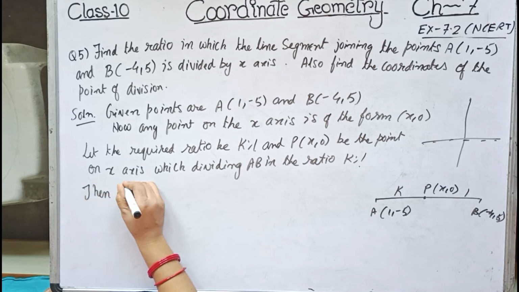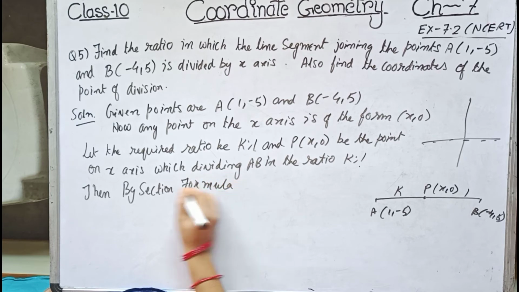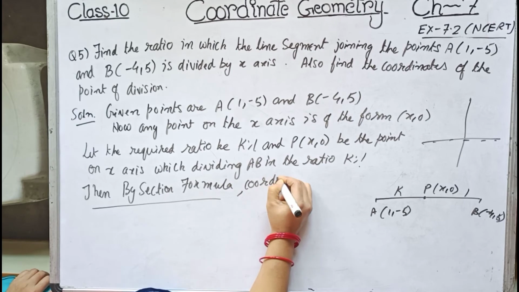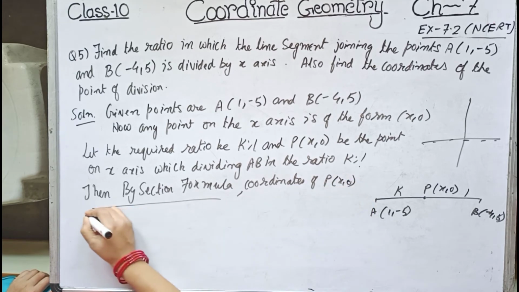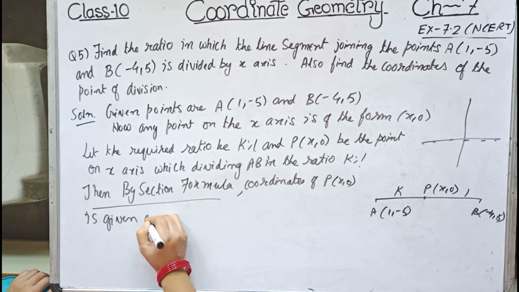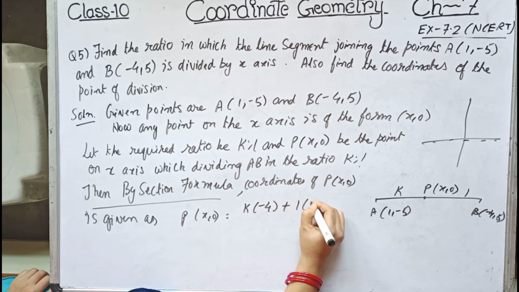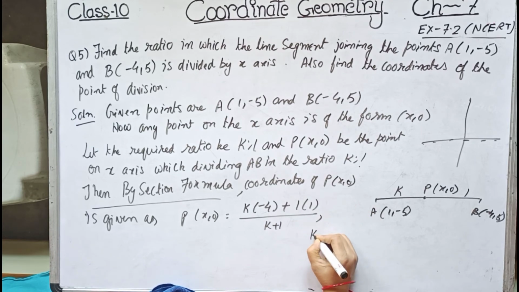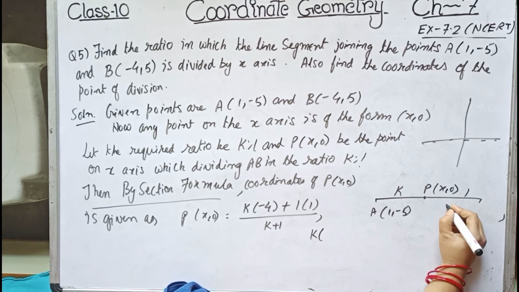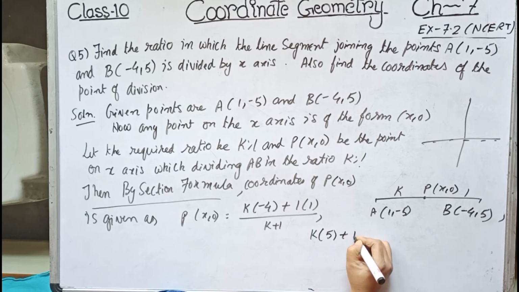Then by the section formula, the coordinates of P (x, 0) are given as (m x2 plus n x1) by (m plus n), and the second coordinate as (m y2 plus n y1) by (m plus n).